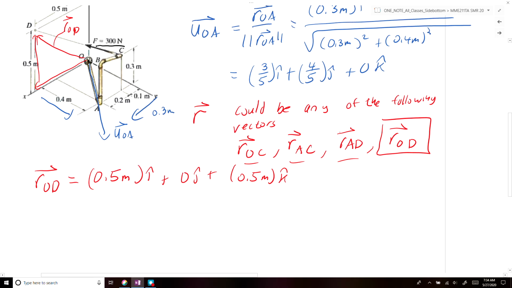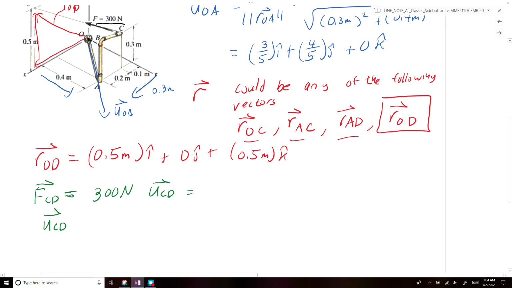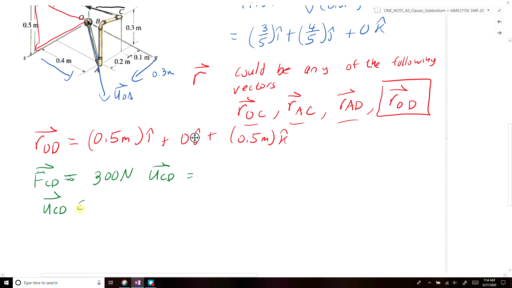So our force F_CD is going to be equal to the magnitude of our force, which is 300 newtons, times the unit vector U_CD. So U_CD is going to be equal to R_D minus R_C, which is the same thing as R_CD, divided by the magnitude of that vector.